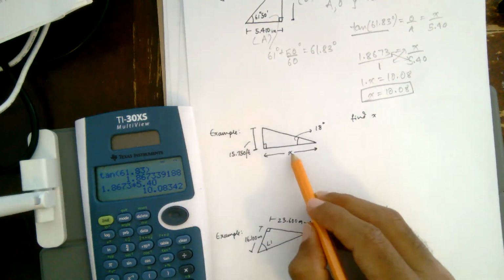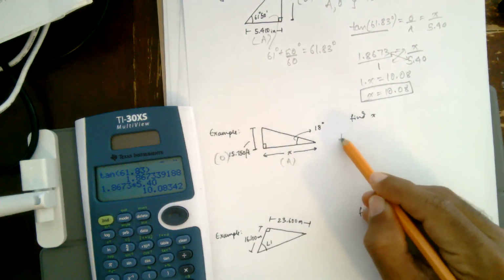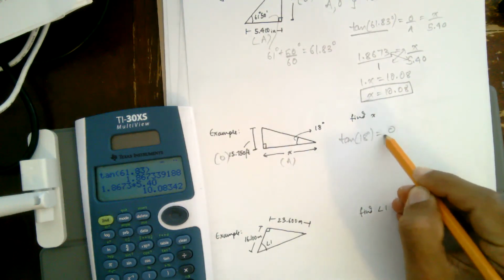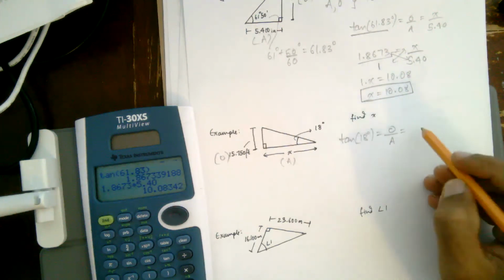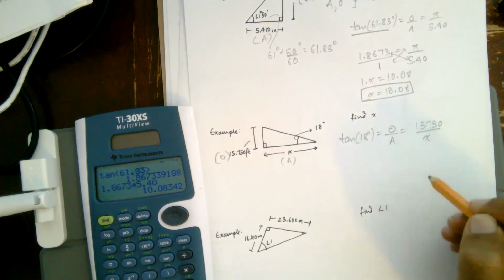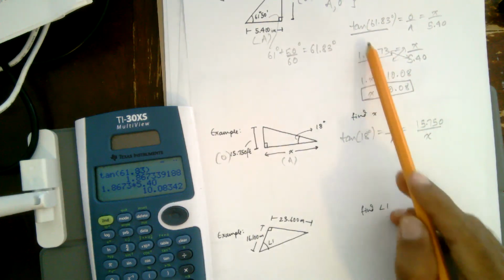So same idea, adjacent, opposite. Tan of 18 degrees equals, so SOH CAH TOA, opposite over adjacent, 15.750 over x. Now here I'll show a different way in which you don't have to write this value.